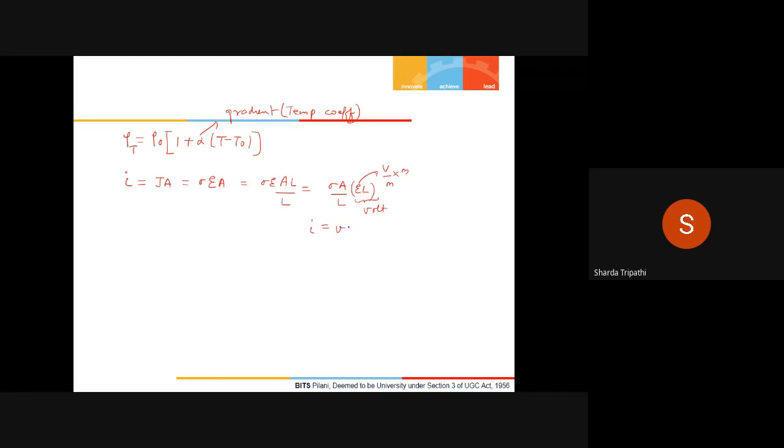This I will be equal to V into sigma A by L. So we have V by I, which is also equal to the resistance of that particular conductor. This will be given by L divided by sigma A, or this is equal to rho L by A. Okay, all these things you know already, but just for the sake of putting everything together, we are revising this.